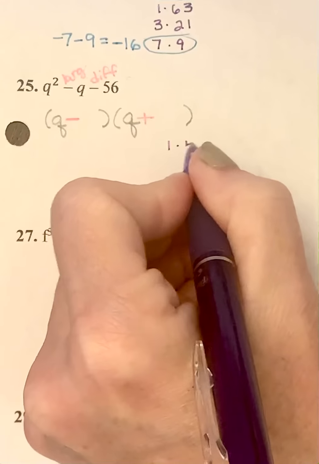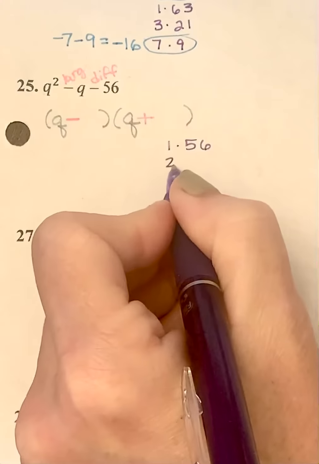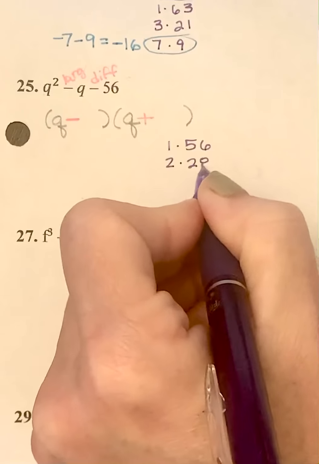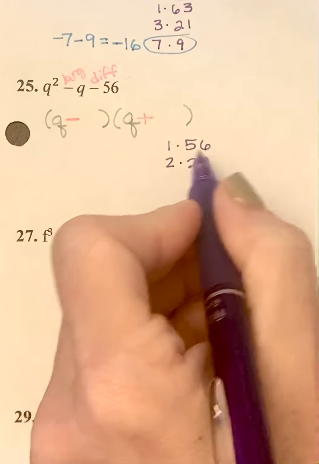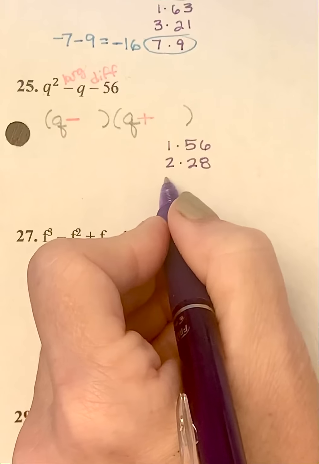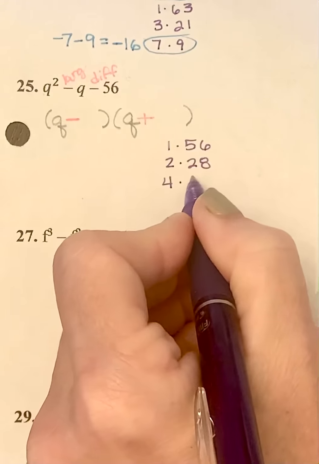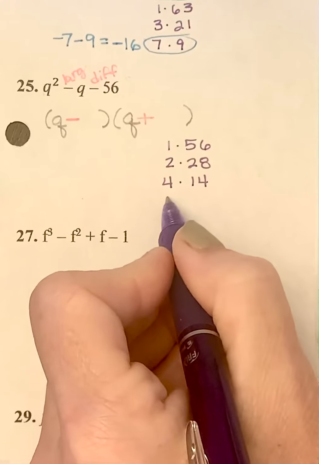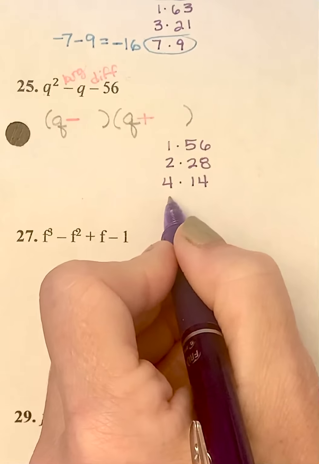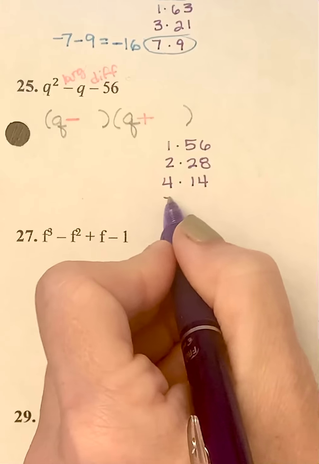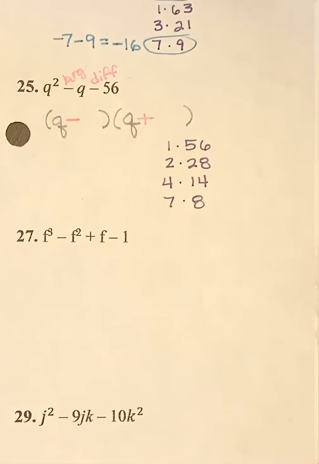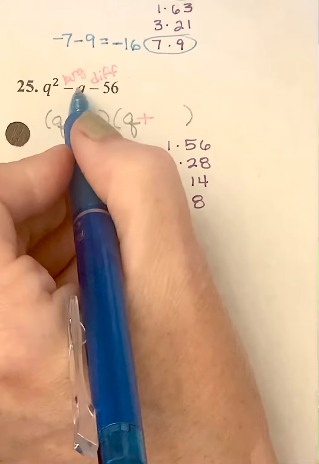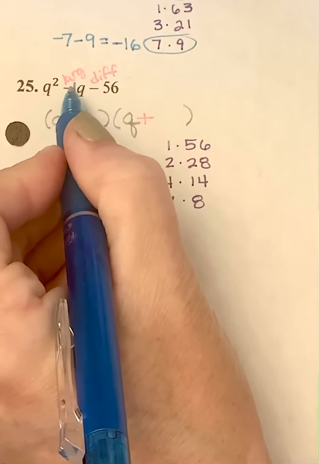The factor pairs of 56 are 1 and 56, 2 and 28. 3 won't go into it. 4 will. 4 will go into that one 14 times. 5 won't. 6 won't. And then 7 times 8. Now, I need the pair that will combine to give me a -1.